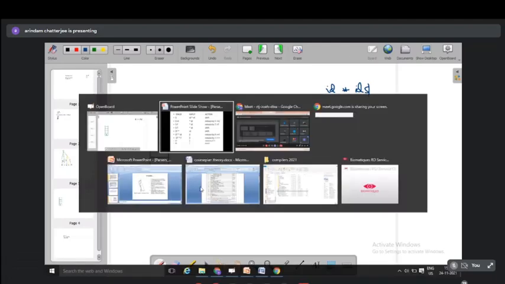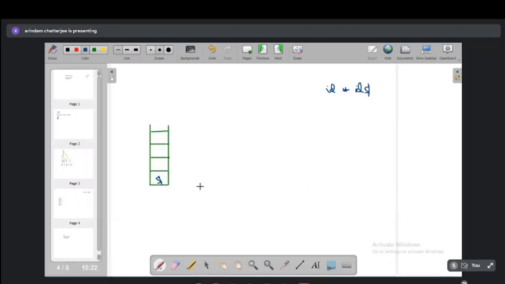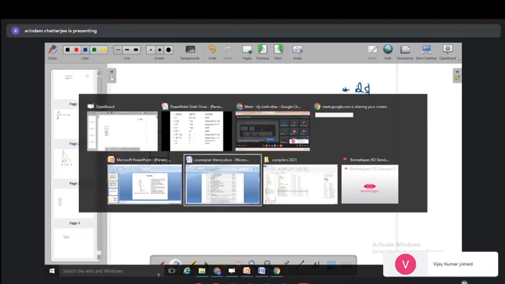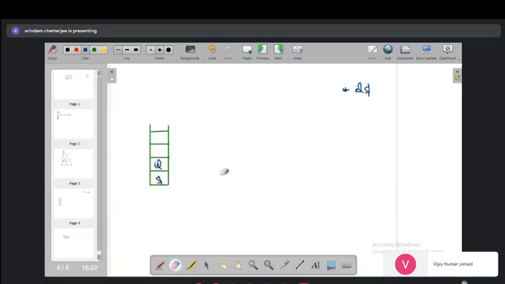So we have ID star ID. So the first thing it will do is put an ID here, so this ID will be erased. And then this ID will match. Okay, what are the rules?